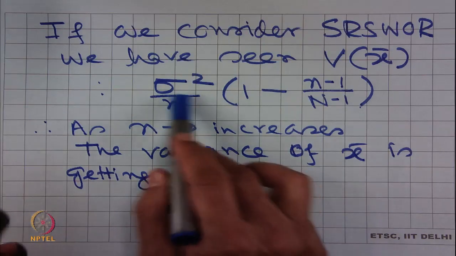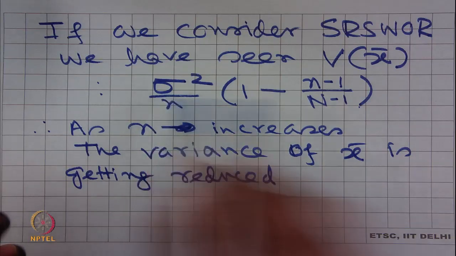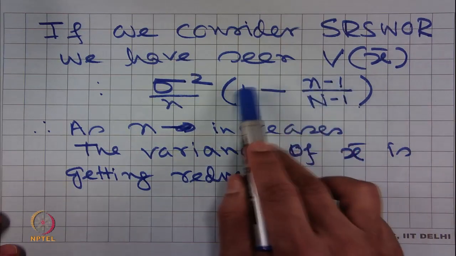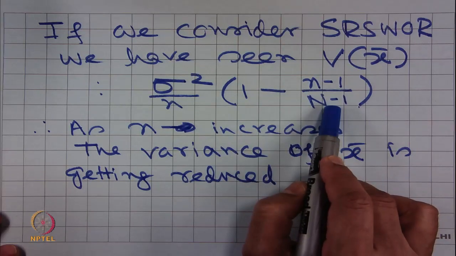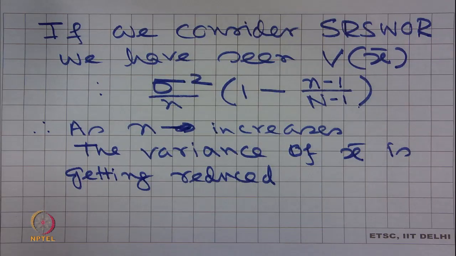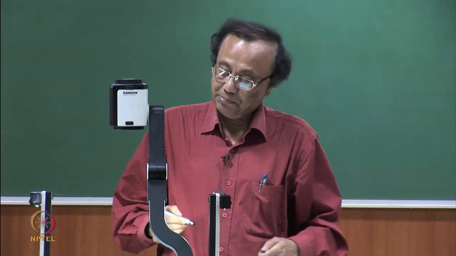Because as n increases, this value decreases, and not only this value decreases, as n minus 1 increases, 1 minus n minus 1 upon capital N minus 1 also decreases. Therefore, the overall variance keeps on reducing as we keep on taking more and more samples.